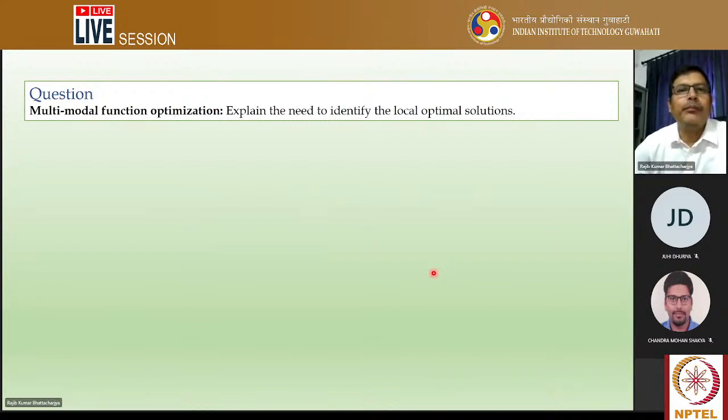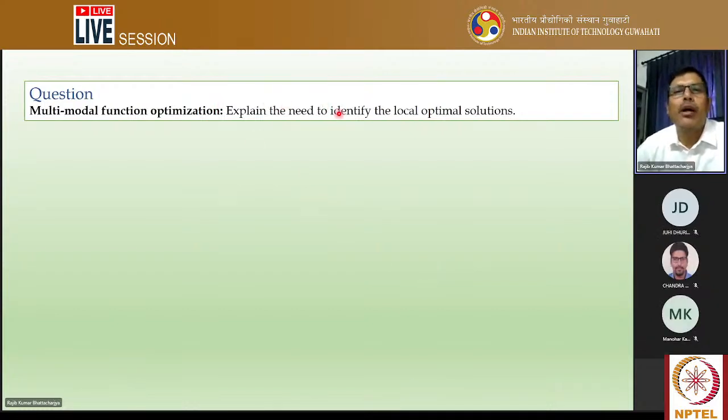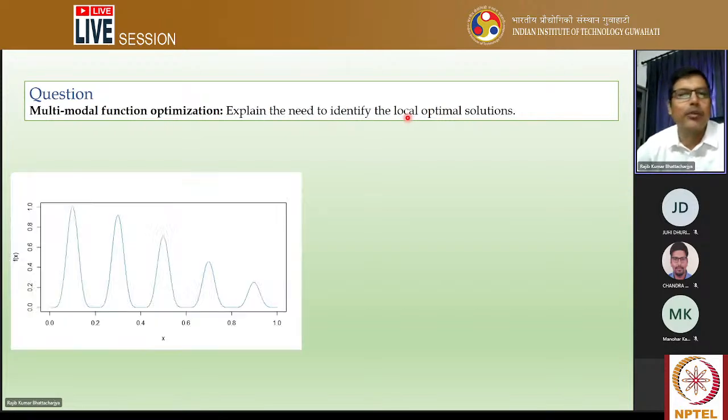Now, there is another confusion: what is the need of identifying all the local optimal solutions in the case of a multimodal function? Generally we want to calculate the global optimal solution, so what is the need of local optimal solutions?